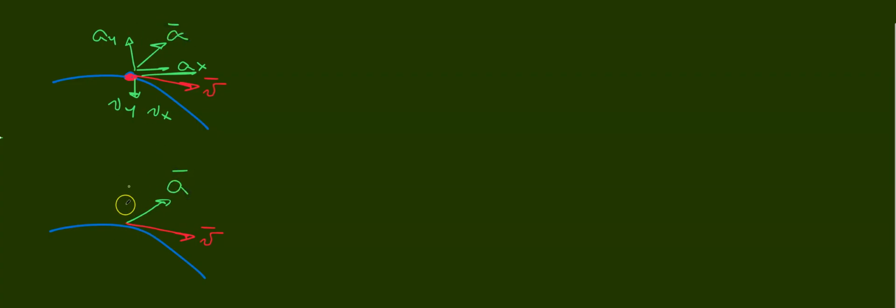Well, instead of decomposing in x and y, we decompose the total acceleration in the tangential direction, which is parallel to the velocity vector, and into the radial direction, which is perpendicular to the velocity.